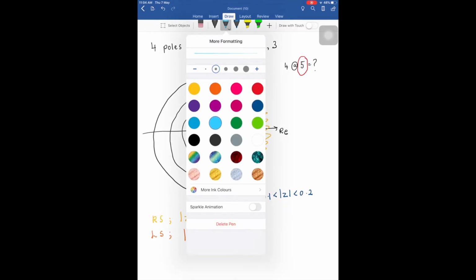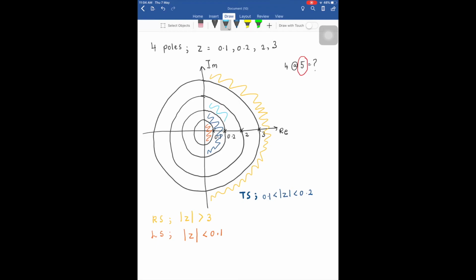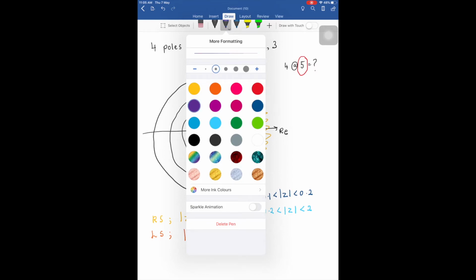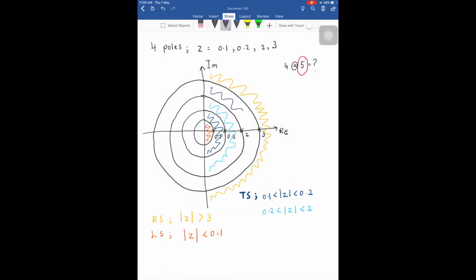Next, it is in between 0.2 and 2. Another one is in between 2 and 3.